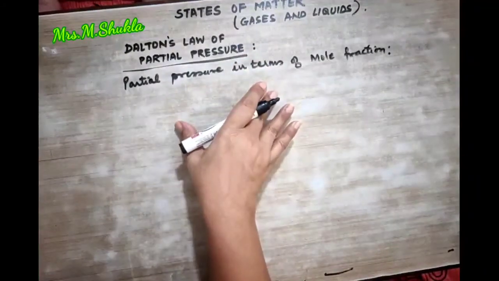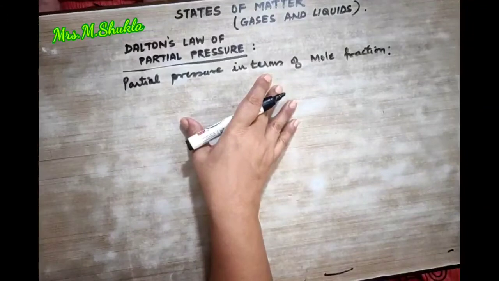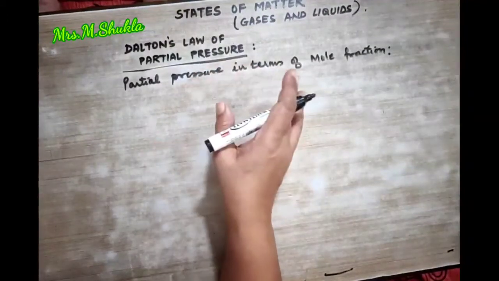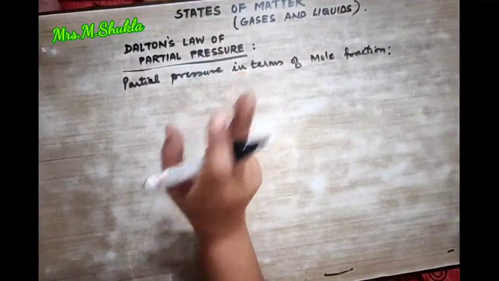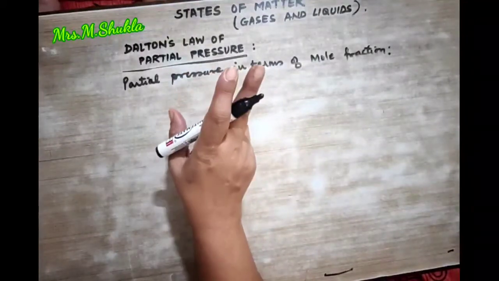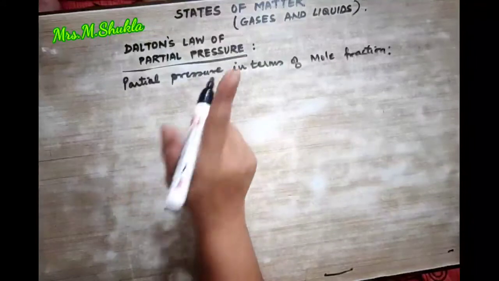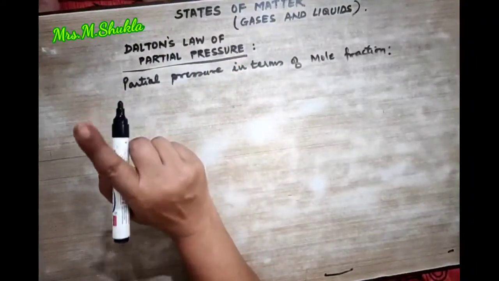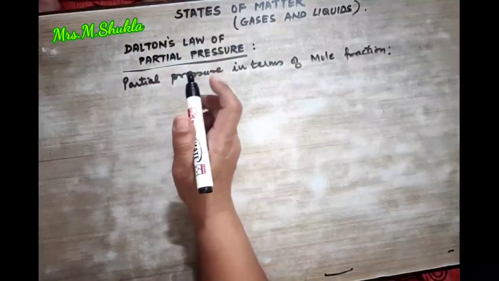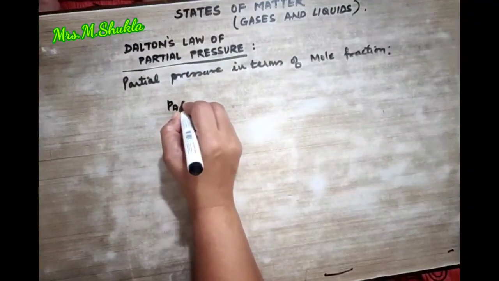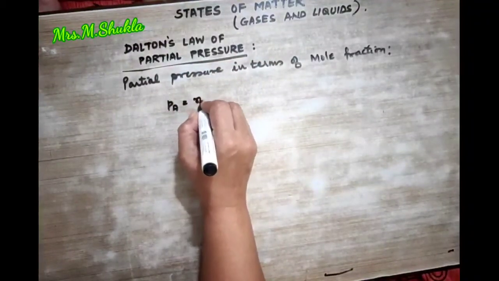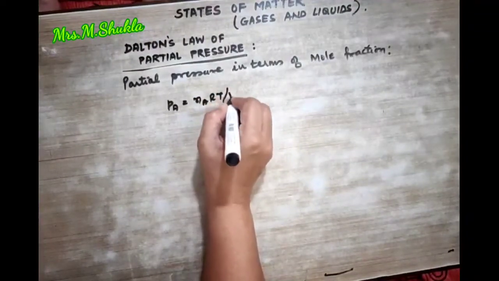So in the gaseous mixture, the partial pressure of an individual gas is always equal to the product of the mole fraction and the total pressure of the mixture. That is, the partial pressure of gas A in the gaseous mixture of several gases, how can it be expressed? It can be expressed as PA, partial pressure, is equal to nART by V. Clear?